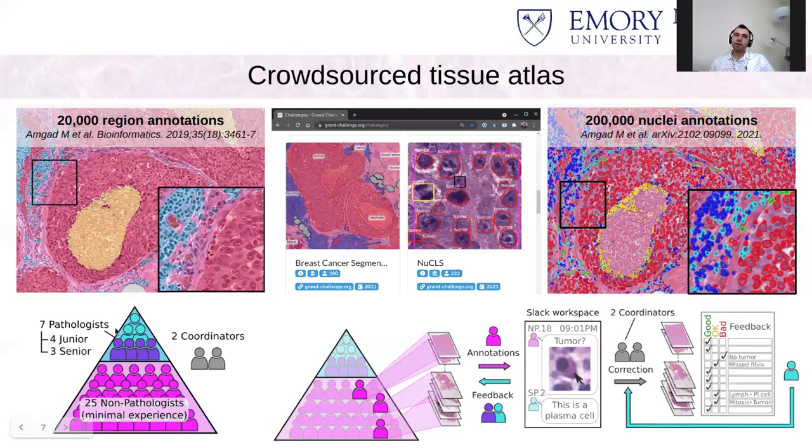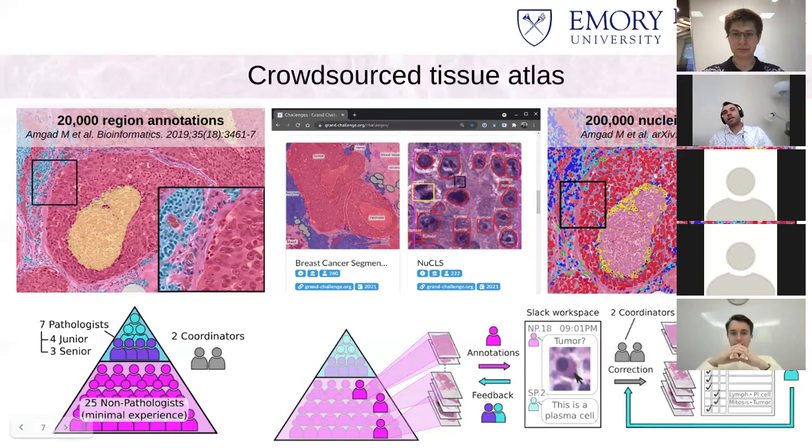And then you have a much smaller crowd of people that are more senior, who can supervise and give feedback and maybe produce some data for comparison. But when I say 20,000 annotations or 200,000 annotations, I am talking about this part of the triangle, the bottom crowd. And of course, the triangle here is just sorting people by experience.